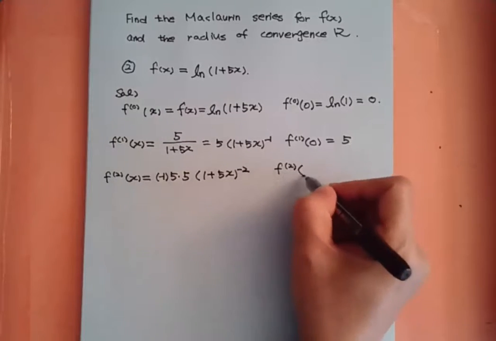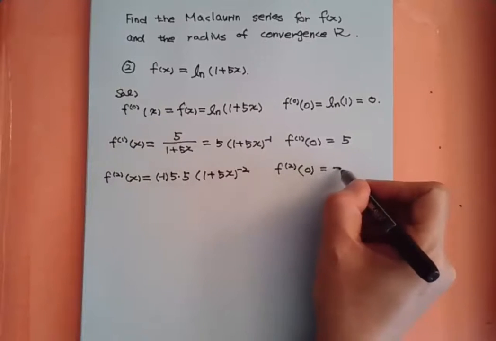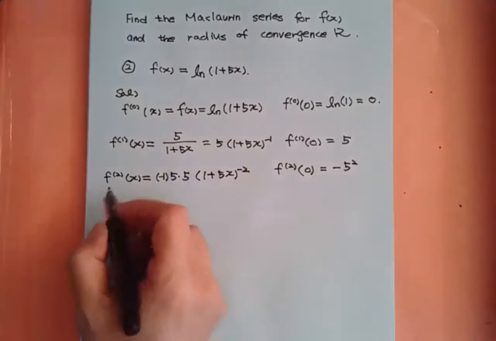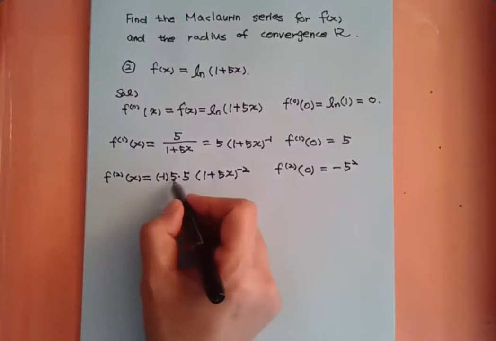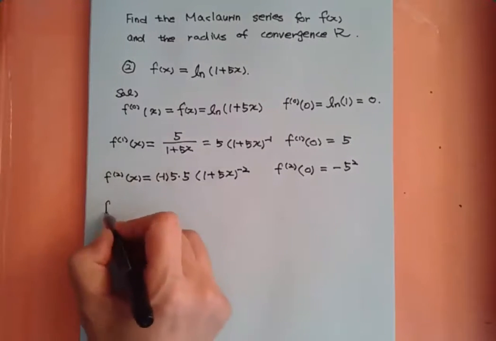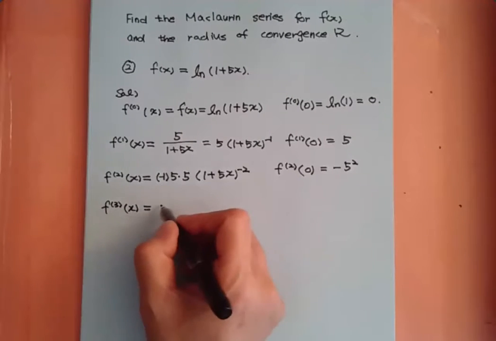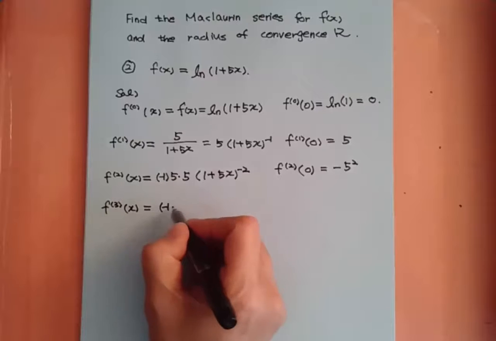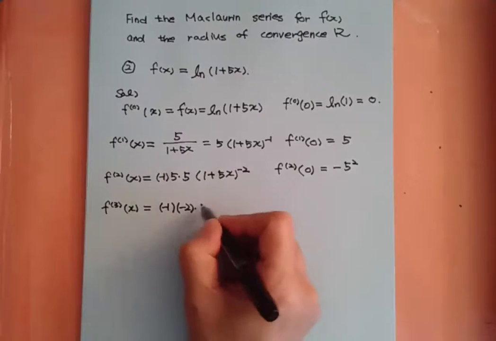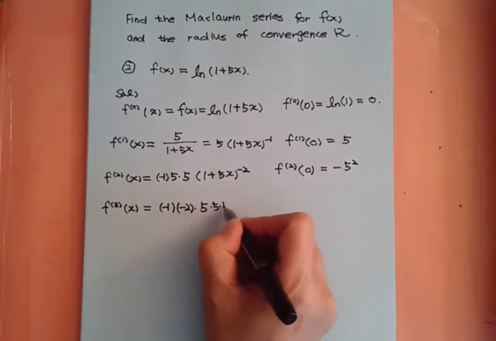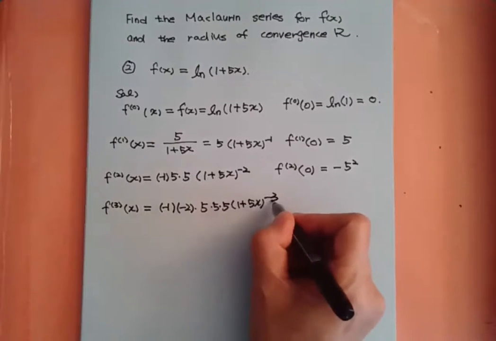So the second derivative at 0 is negative 5 squared, because 5 times 5. And the third derivative of f at x is negative 1 times this one, negative 2 times 5 times 5 times 5, 1 plus 5x to the negative 3 power.